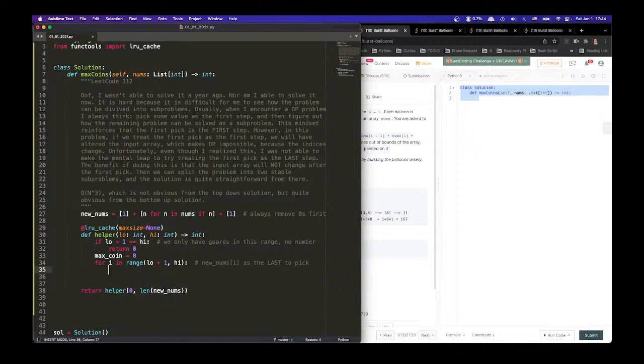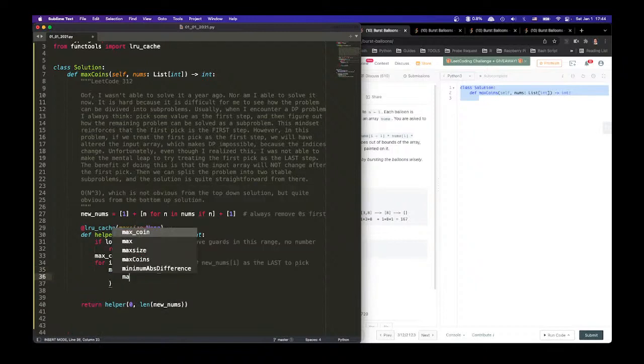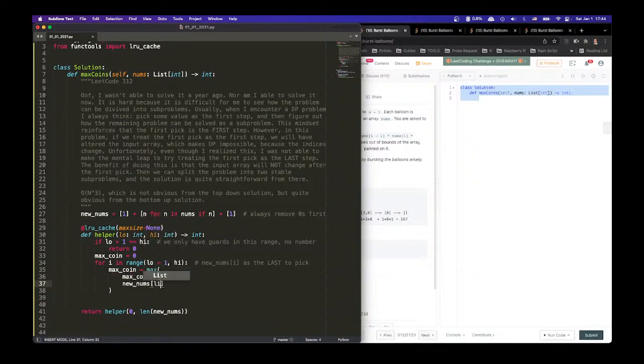How do we do the last to pick? We can just say max coin equals the maximum of max coin and, if i is the last to pick, new nums low times new nums i times new nums high. That is the trick, right?